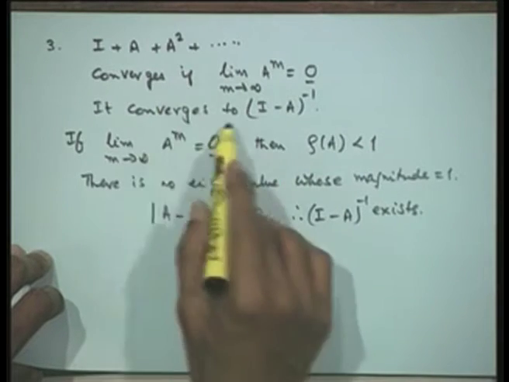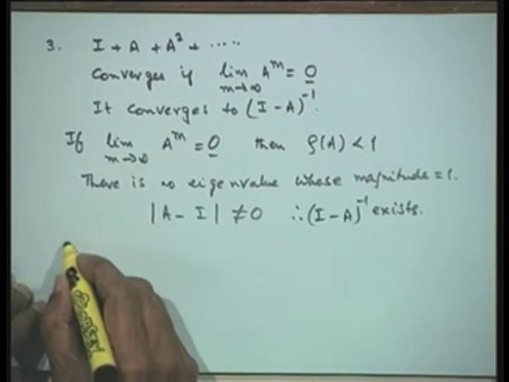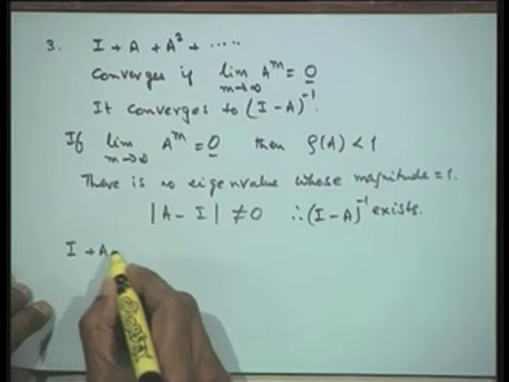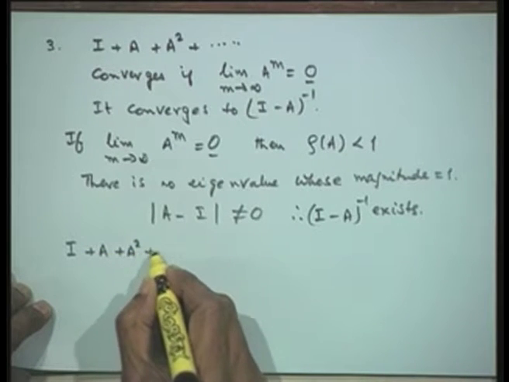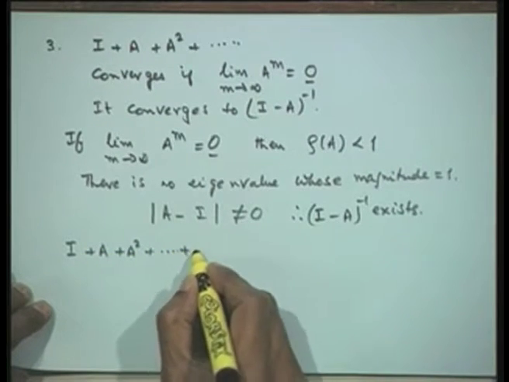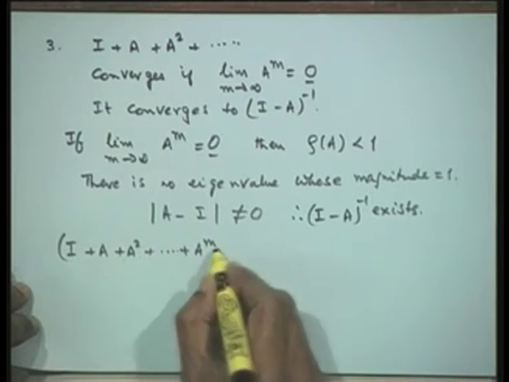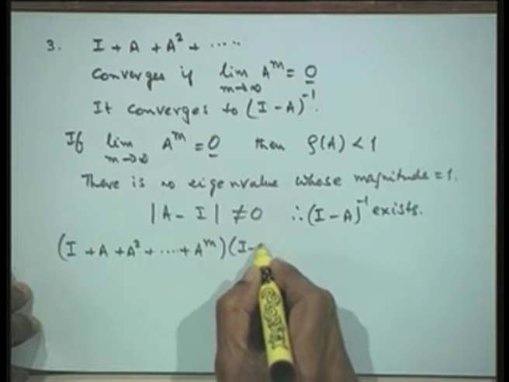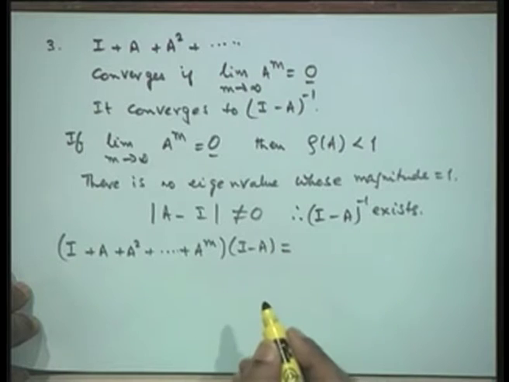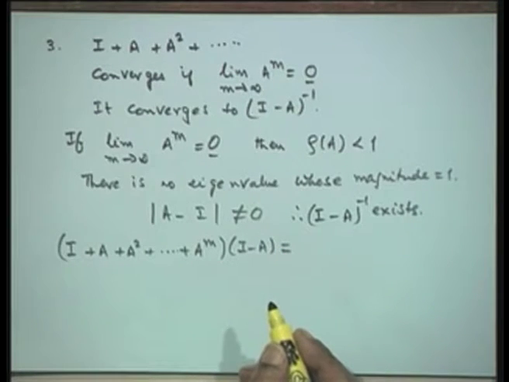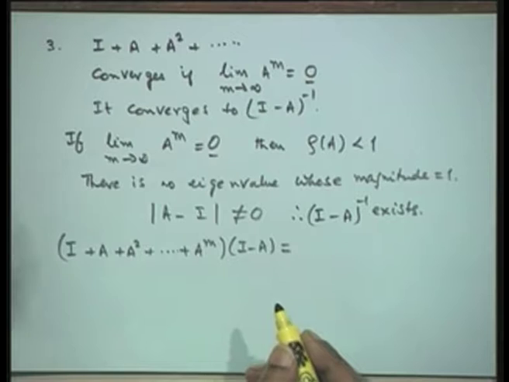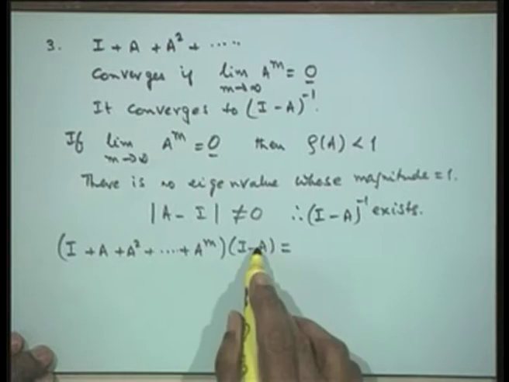Now we will show the result. What I do is I will take this equality and multiply these two terms. I will take this as I plus A plus A square up to A to the power of m, into I minus A. Let us just multiply it out.